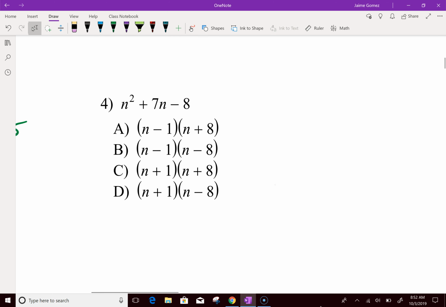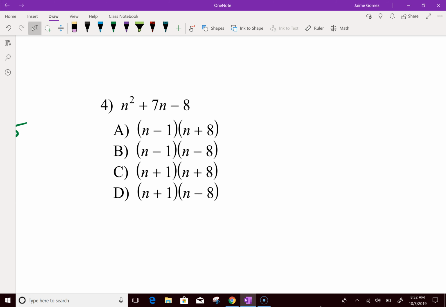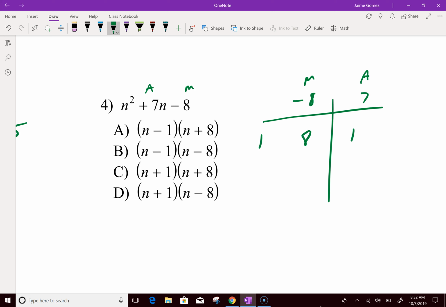Number 4. Multiply and add. That's the multiply, that's the add. The multiply here is negative 8, the add is 7. So two numbers that multiply to give me negative 8, but when you add, give me 7. Something with 1 and 8. How do I get 7 from here?